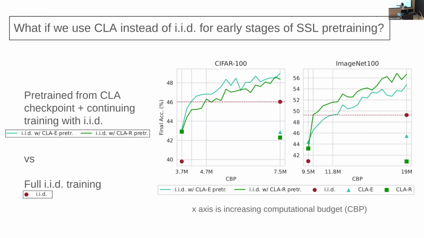IID, on the other hand, is a method focused fully on plasticity. So when you have a higher computational budget, you don't have any problems in reaching higher accuracy.